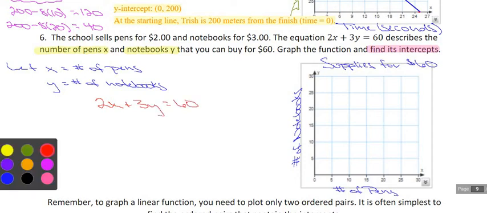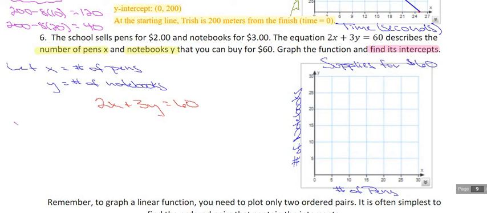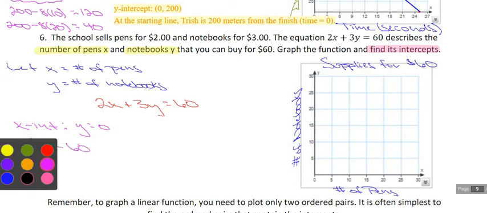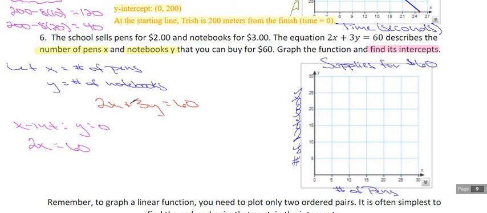Let's find the x-intercept first. So if I'm finding my x-intercept, that means I'm making my y go away. Y is 0. So I'm only going to write 2x plus, well, plus nothing, equals 60. Because again, we are pretending that y is 0, y is going away.